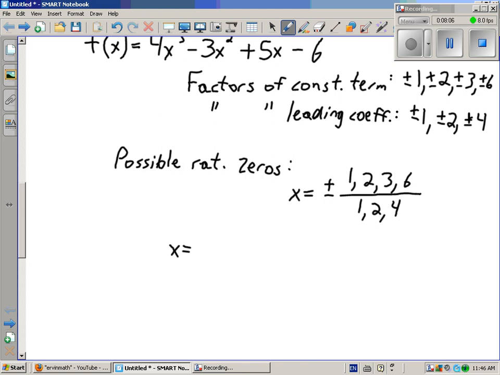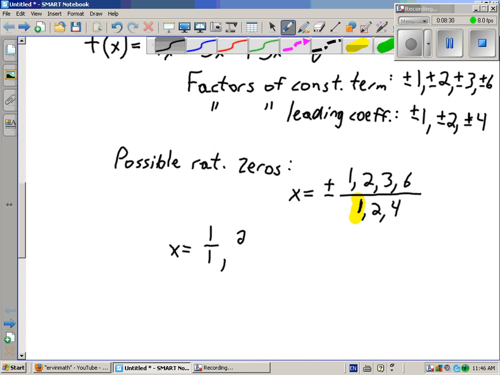And what we're going to see is that this list is going to collapse really fast, but it's going to start out pretty long. So let's start with everything that is over the 1 right here. 1 over 1, 2 over 1, 3 over 1, or 6 over 1.